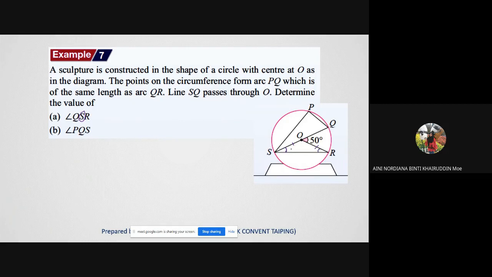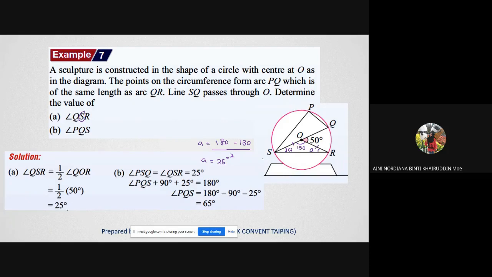So let's say this is A. So here also A. First, you need to calculate this angle, which is 180, since this is a straight line. 180 minus 50 is 130. So to calculate A, 180 minus 130 divided by 2. So A equals 25. So this is the answer for A.